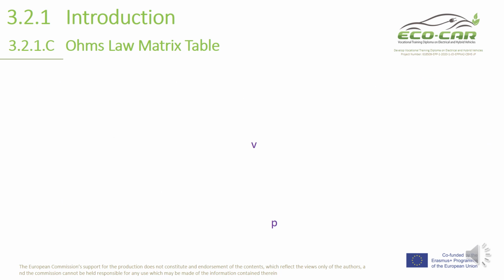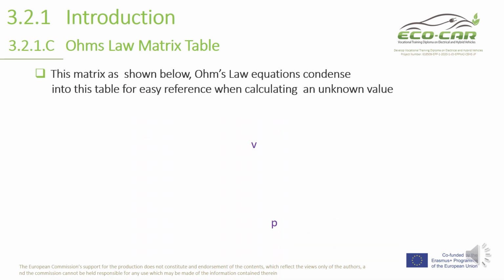Ohm's law matrix table. This is another technique for how to calculate the power, voltage, current, and resistance. These equations condense into this table for easy reference when calculating an unknown value.